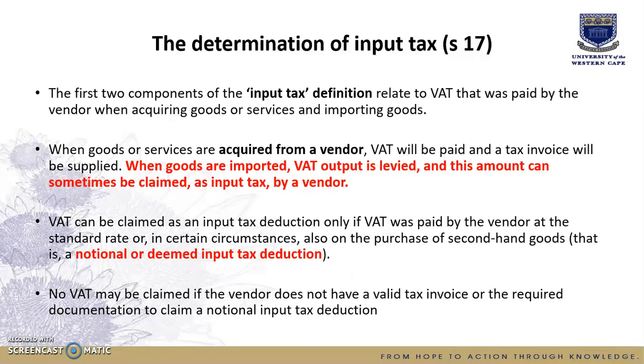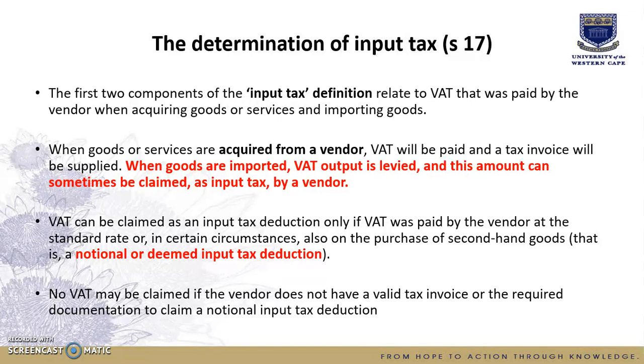Alright, so what are the first two components of the input tax definition? It relates to VAT that was paid by the vendor when acquiring goods or services and importing goods. So when goods or services are acquired from a vendor, VAT will be paid and a tax invoice will be supplied. So when goods are imported, you remember when we had imported goods, we had to pay output VAT on that importation of goods over to customs, right?